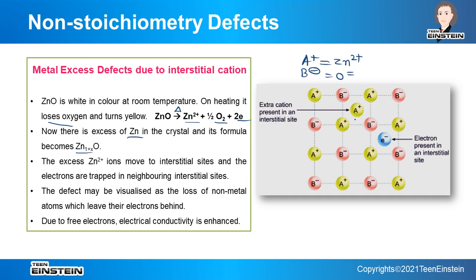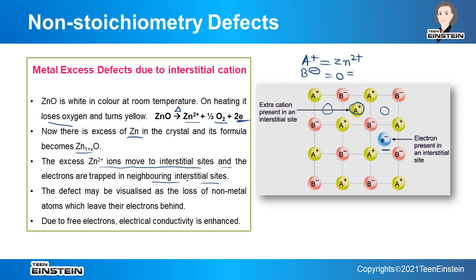So A+, that is the excess Zn2+, is now present at an interstitial position. So these positions are interstitial positions. The Zn2+ ions move to interstitial sites, and the electrons that are generated are trapped in neighboring interstitial sites. So the cation is present in an interstitial site, and the electron is also present in an interstitial site.